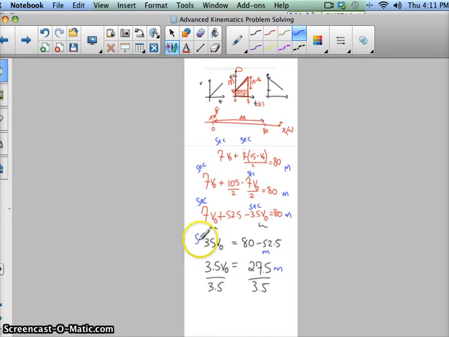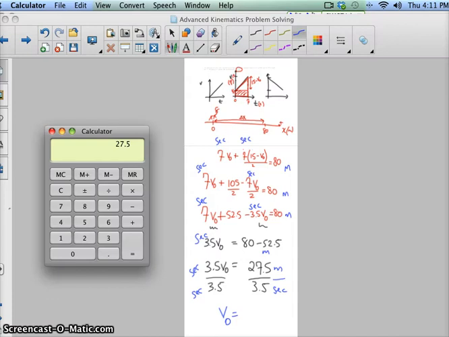So this number is in seconds here. And that means that this 3.5 is measured in seconds. So when I divide both sides, my units are meters per second. And this shows that since I'm finding an initial velocity, that totally makes sense. So I'm pretty sure this answer is going to be correct because I checked my units.